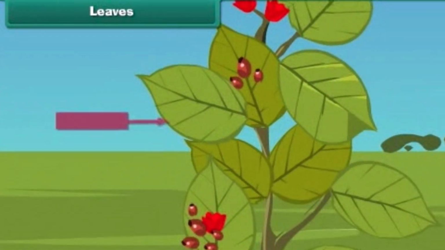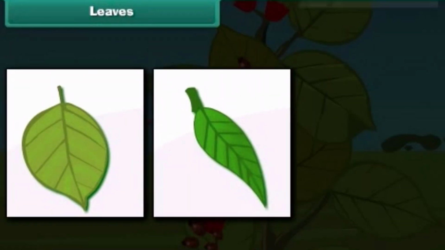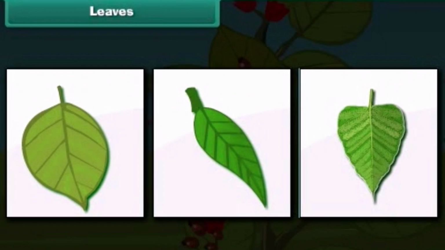Next part of the plant is leaf. It is the green part of the plant that is borne on the stem. They are of different shapes. Some are round, some are long, and some are triangular. The outer edge of a leaf is known as margin, and margins are also different, like their shapes.